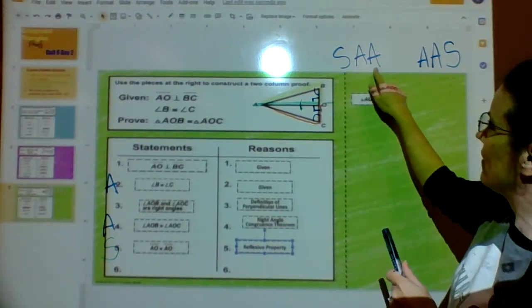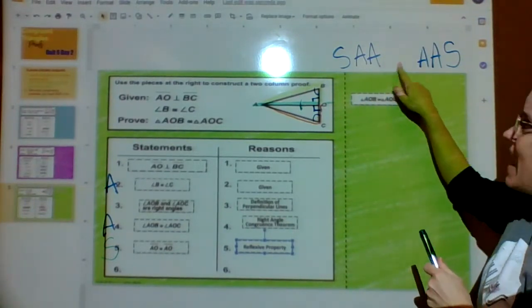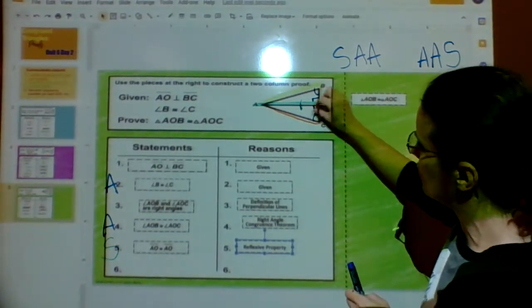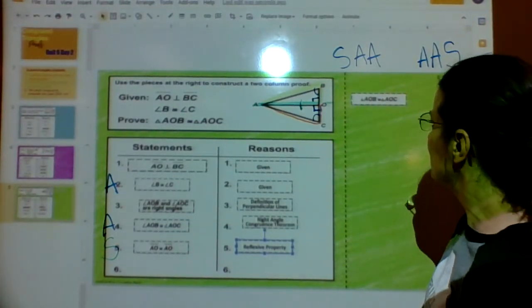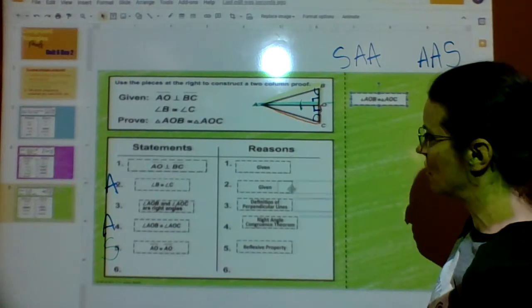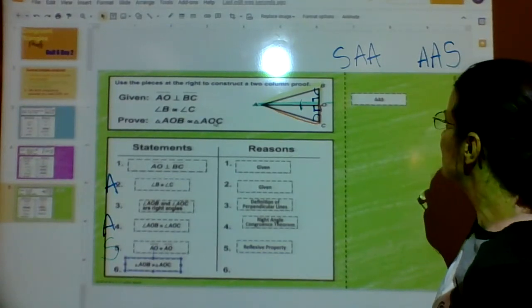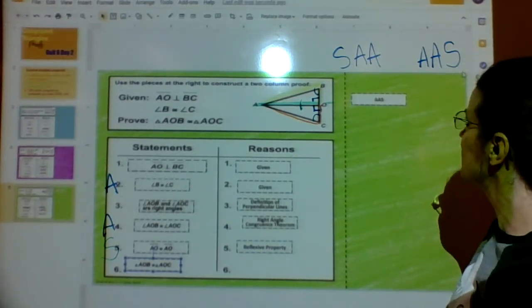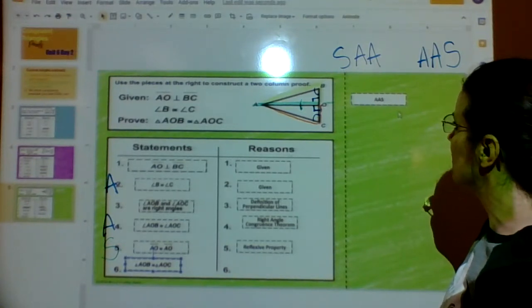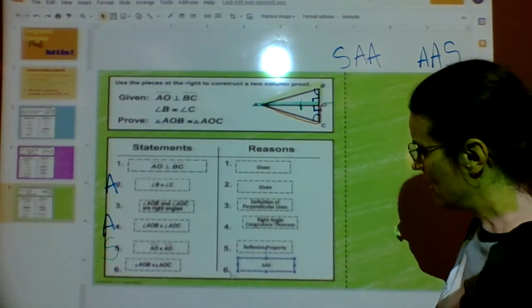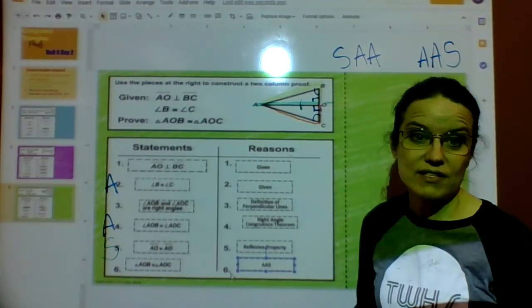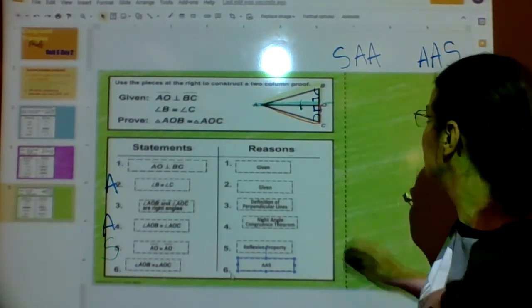Well, side angle angle is the same thing as angle angle side. It's just going different directions. And so I can definitely say that the two triangles are congruent, and you can decide whether to call that angle angle side or side angle angle. In this case, they wrote angle angle side, but you can call it whichever you want because they're the same thing written forward and backward.